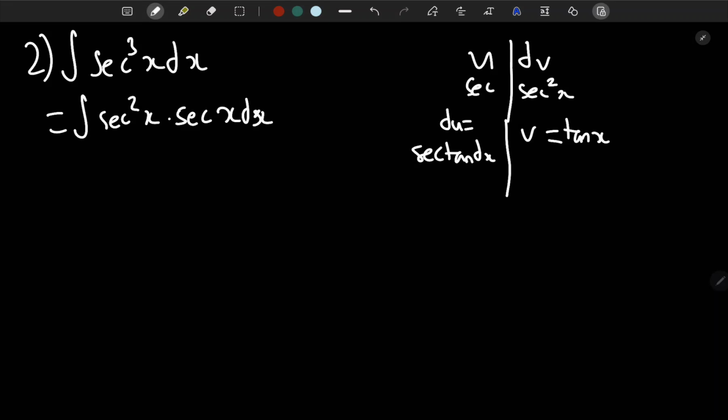And now we can plug into the formula, which is u times v, so secant x multiplied by tan x, minus the integration of v du. So tan x, and du here is secant x tan x dx.